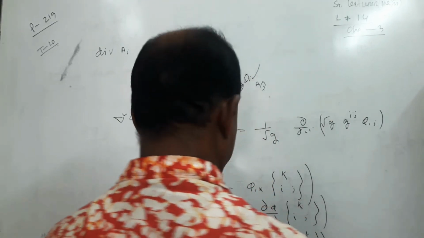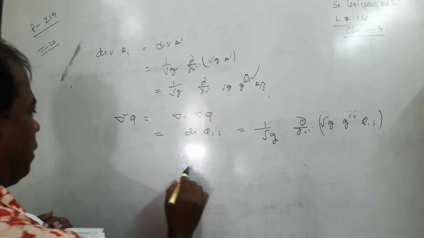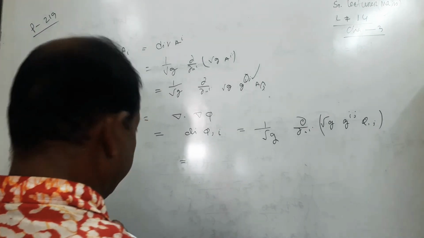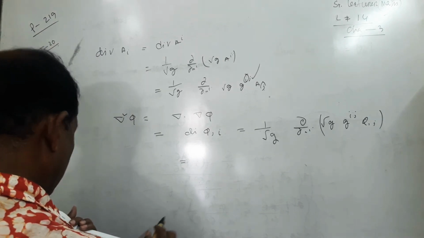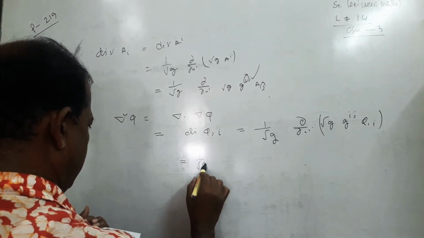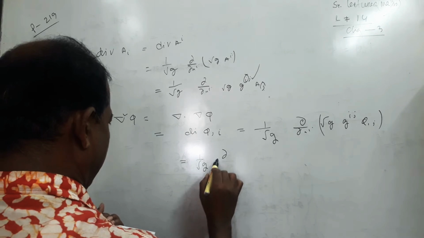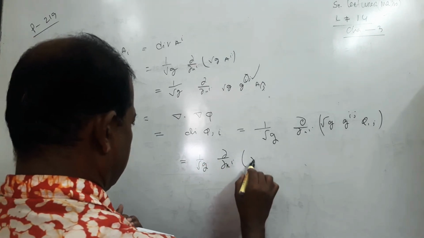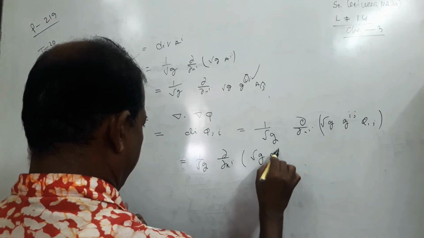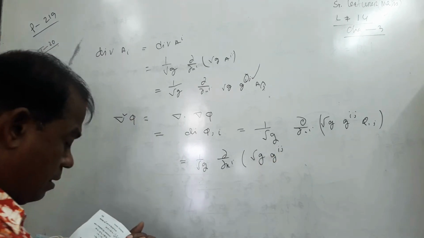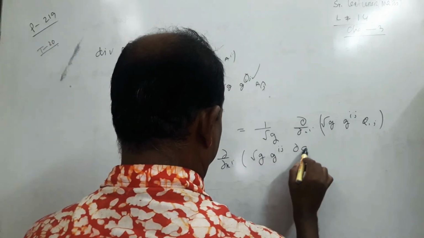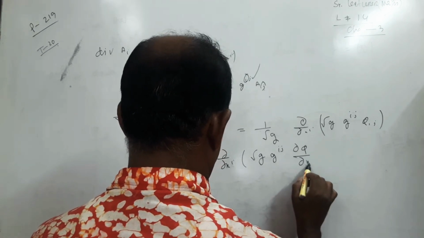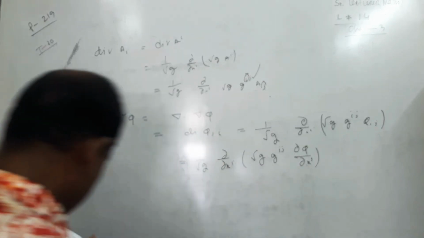Then that's equal to 1 by root g del by del x^i of root g g^{ij} del phi by del x^j. Clear?